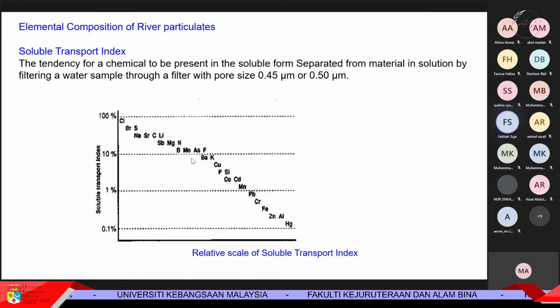So when you study the characteristics of the river waters that you want to treat, you can also study the chemicals present, whether you are choosing tropical rivers or cold rivers in cold climate. Then you can also look at how these elements are present in the wastewater characteristic that you have chosen.